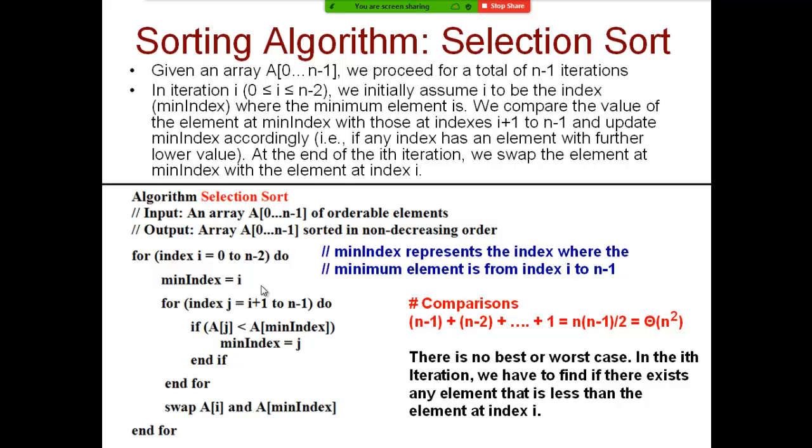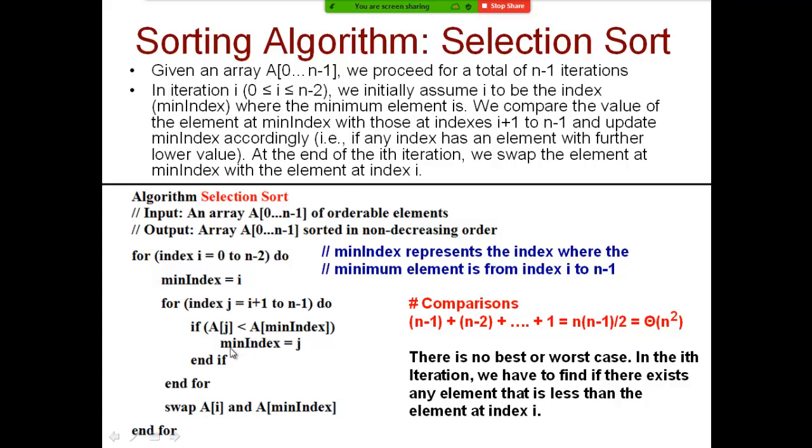Then go through a loop inside, starting from index j equals I plus 1 to n minus 1. So starting from the next index after I, go all the way to the end of the array, n minus 1. And check if a of j, that means have you come across some index j where the data is less than the data that you currently think is at the min index.